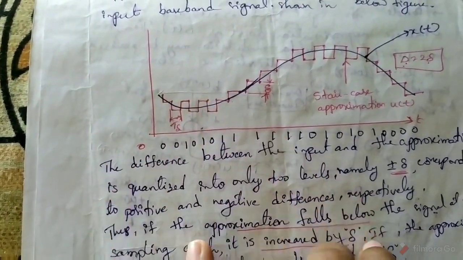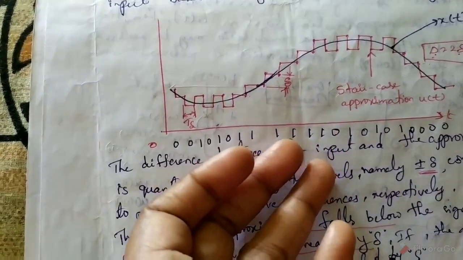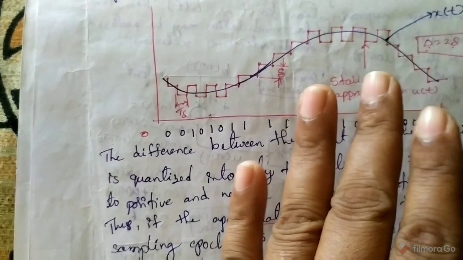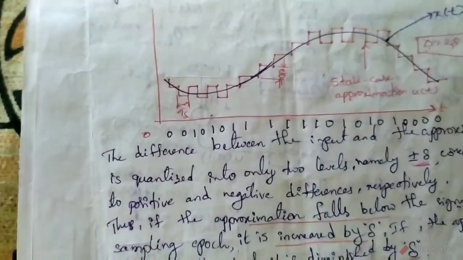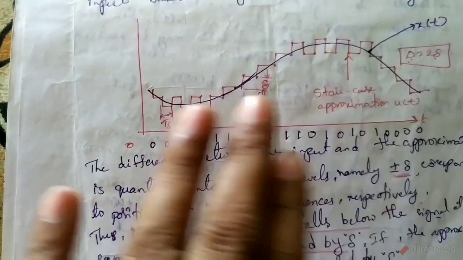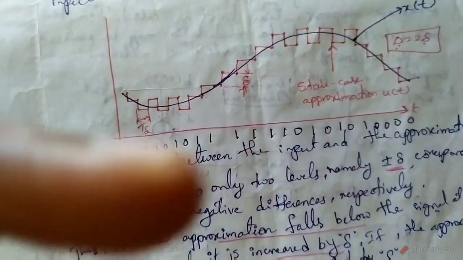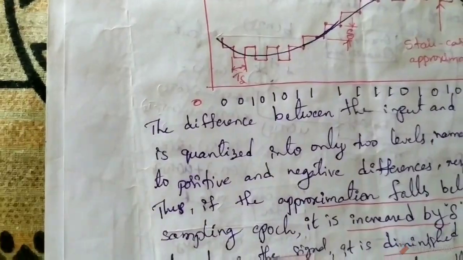So what is this plus delta, increased by plus delta? If it is more, decreased by minus delta, what is this? That's see here. So first draw the input signal x of t. Next I will start my point.